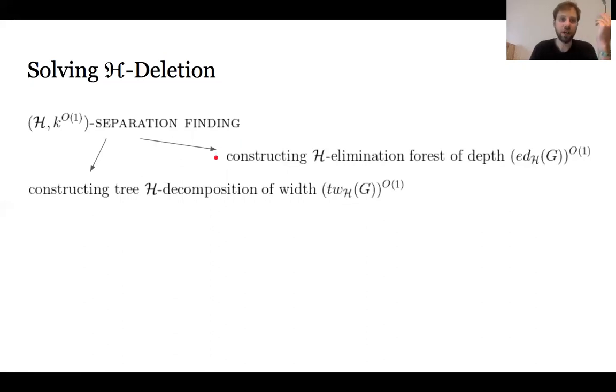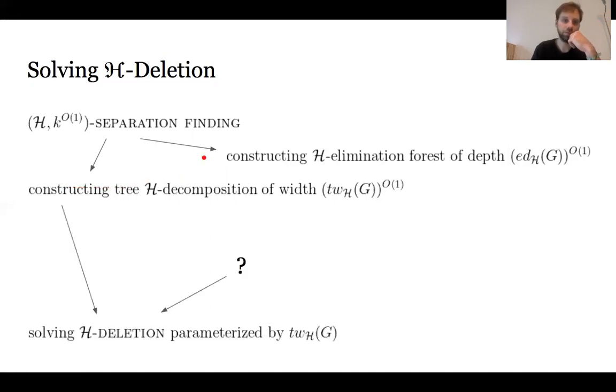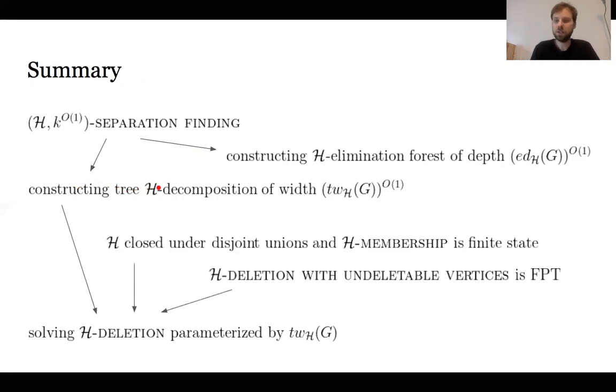So the hardest part of the task here is done. Next, to finish our quest, we would also like some meta theorem that would allow us to solve H deletion when this 3H decomposition is done. And we give such a meta theorem.